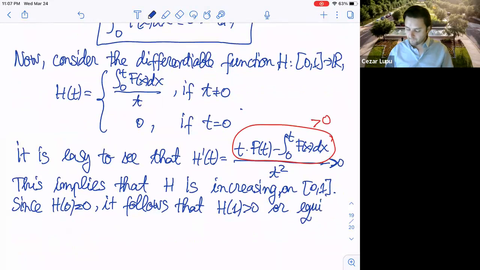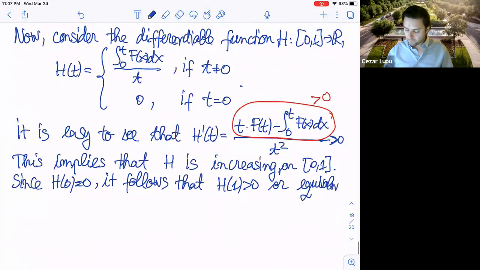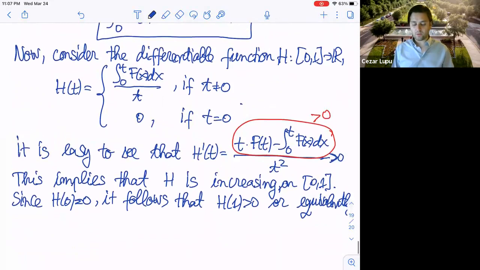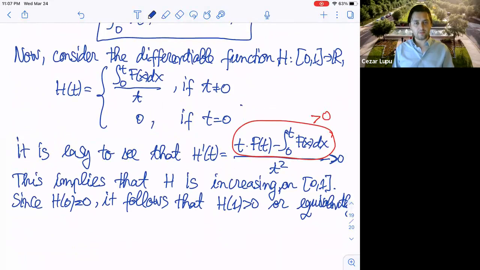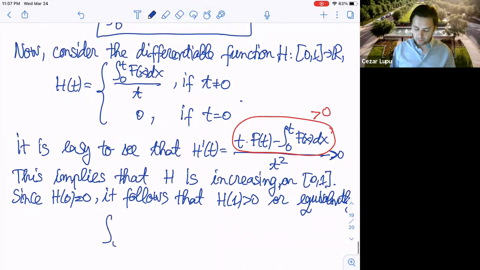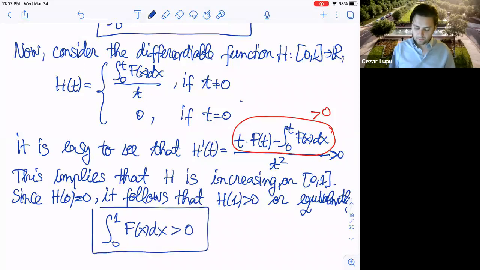Let's see who h of 1 is. Well, you just plug it into this function. It will imply that the integral from 0 to 1 of f of x dx is greater than 0. Beautiful. So let's call this star star.